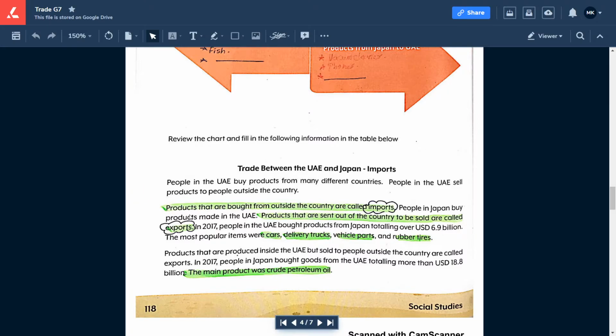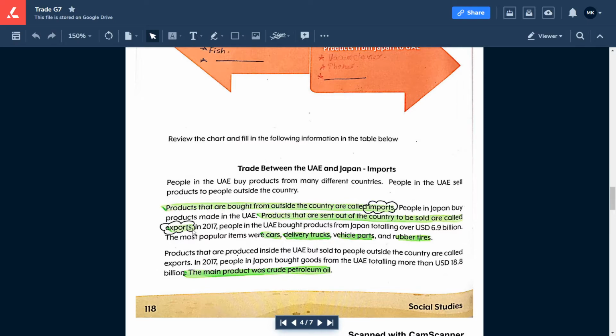Okay. People in the UAE buy products from many different countries. People in the UAE sell products to people outside the country. Products that are bought from outside the country are called imports. People in Japan buy products made in the UAE. Products that are sent out of the country to be sold are called exports.